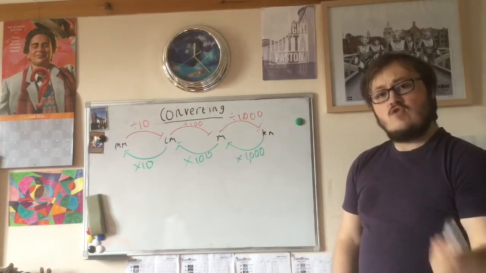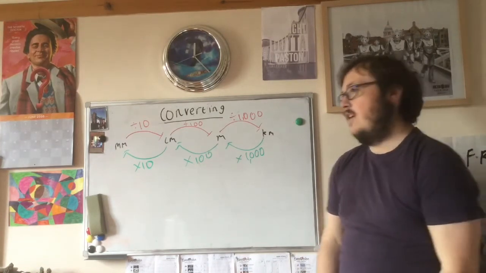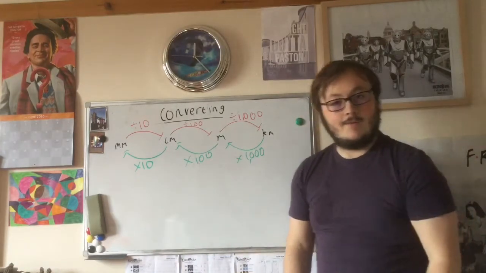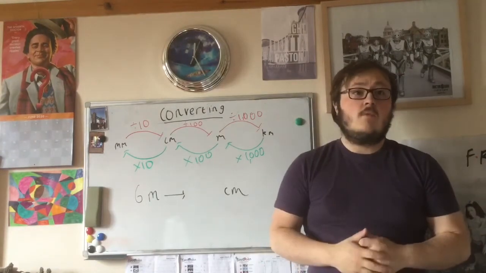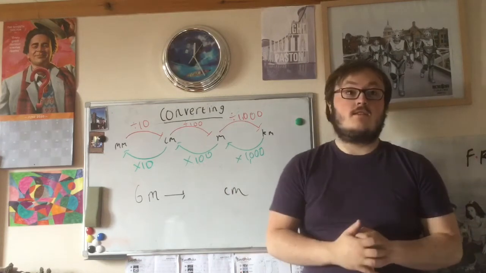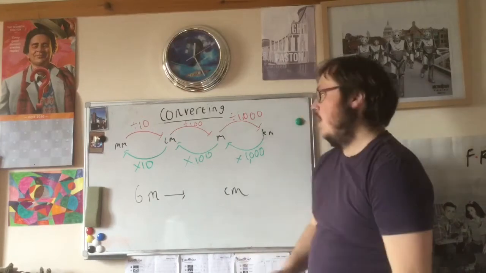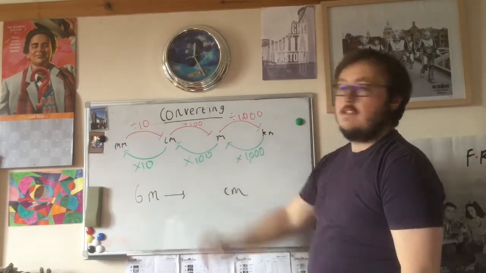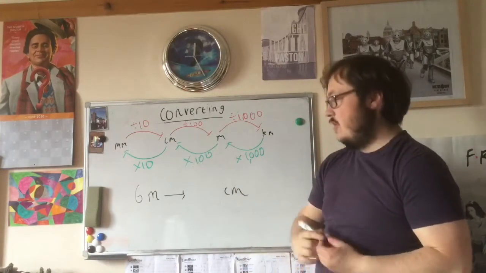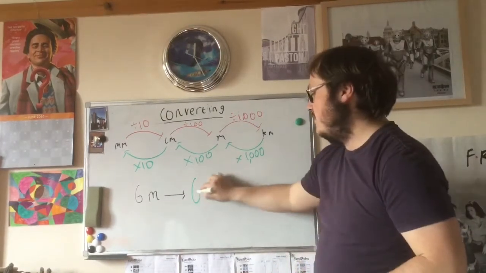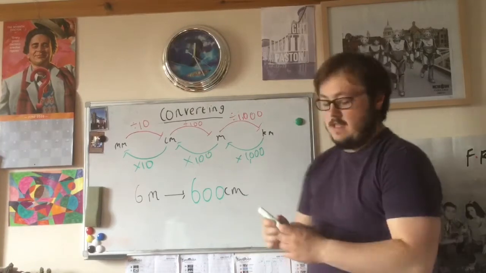Now, let's try and do some conversions. How can we find out how many centimetres there are when we know how many metres there are? Let's see what we can do. So 6 metres, I want to convert that into centimetres. How many centimetres is that? Well, to go from metres to centimetres, you multiply by 100, so you multiply 6 by 100, and that will get you your converted 600 centimetres.